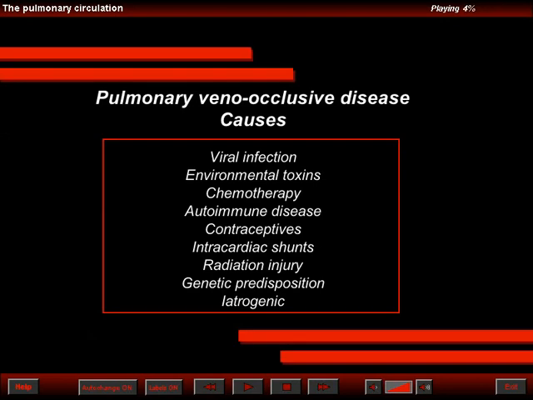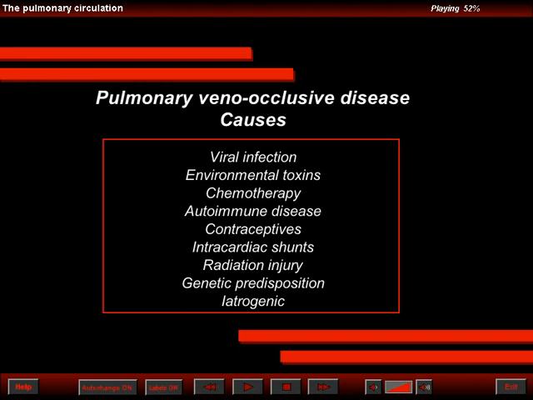When we regroup the causes of veno-occlusive disease based on frequency, we must start first with viral infections, then with environmental toxins, chemotherapy, autoimmune disease, contraceptives, intracardiac shunts, radiation injury, and genetic predisposition.